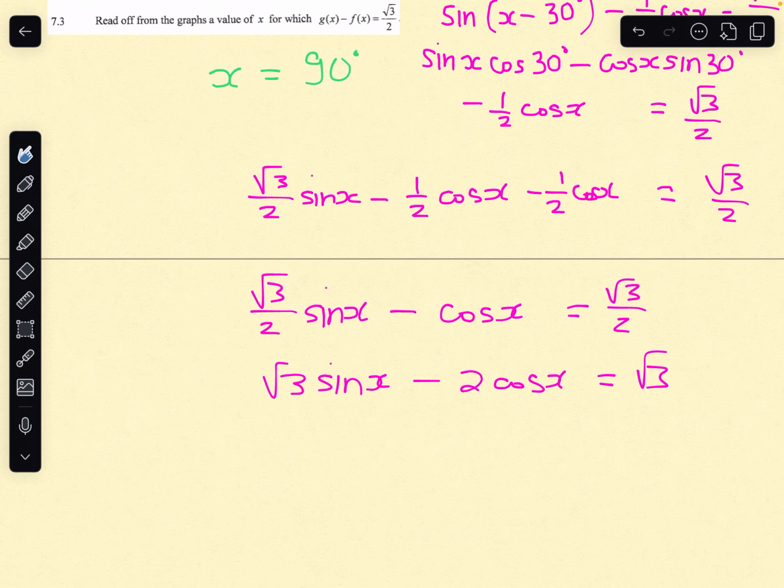No, I don't really think we're going anywhere from here, guys. We ain't going nowhere. Because now what must happen? We can't factorize. If we take this to the other side, what are we going to do?